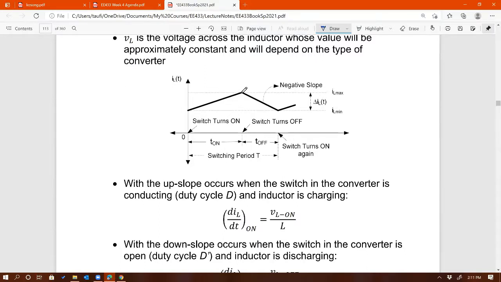When the switch is off, we disconnect the supply from the load, and the inductor is now the one delivering power to the load. That's why the inductor discharges when the supply is disconnected from the load.